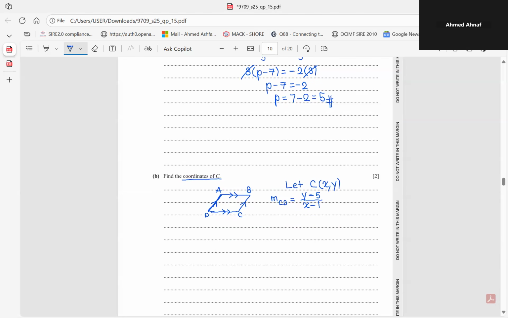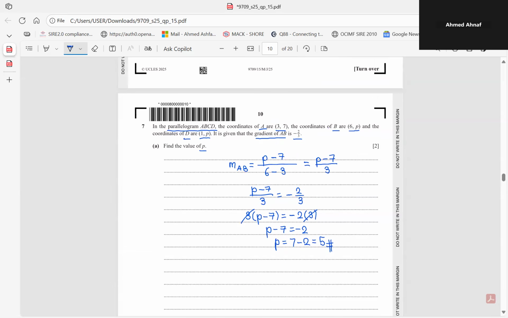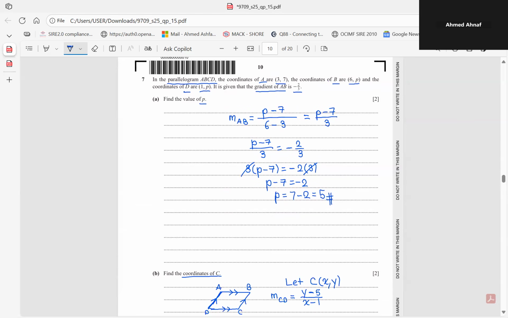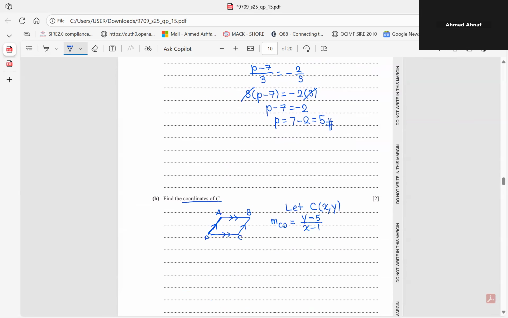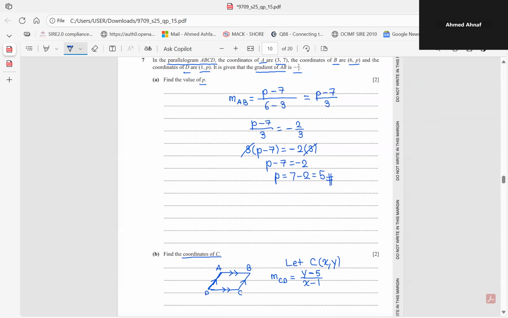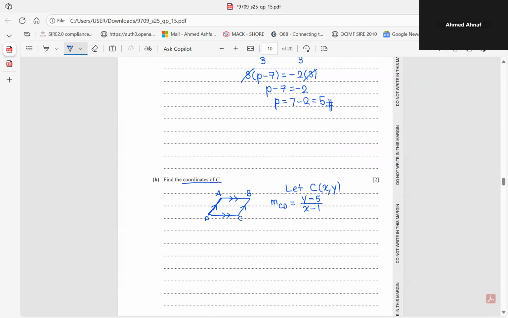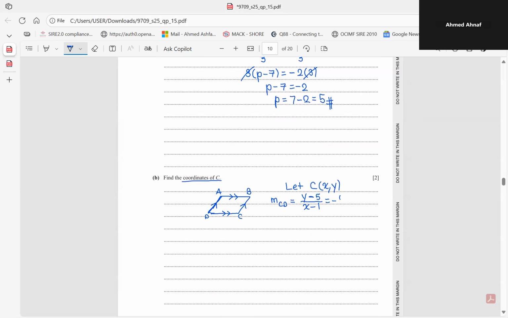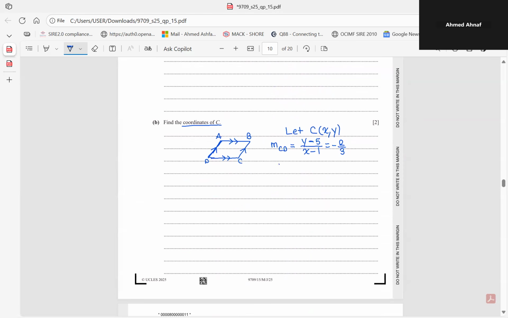Sorry, x minus 1. Yeah, just double checking. Yep. And this is equal to the gradient of AB since they're parallel, so minus 2/3.